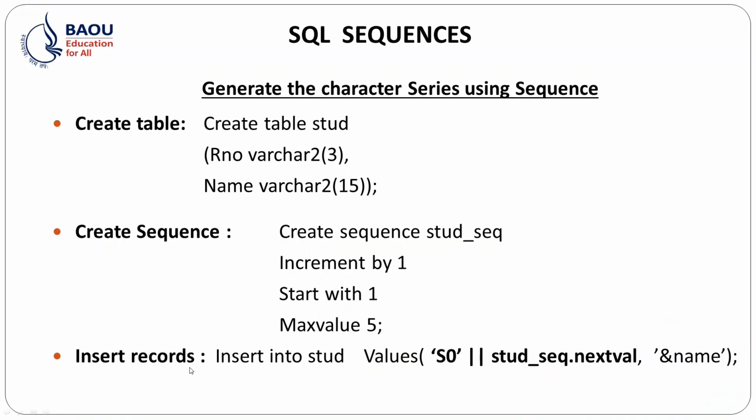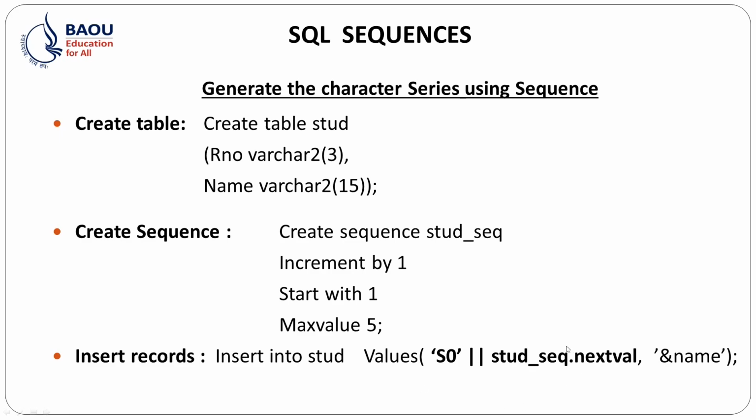See, insert records: insert into stud values, in single quotation SO as a character, and then pipeline to combine the value from the sequence. Always remember, a sequence always generates a numeric value, but if we want a character value in a table column, then you can write this type of insert command.